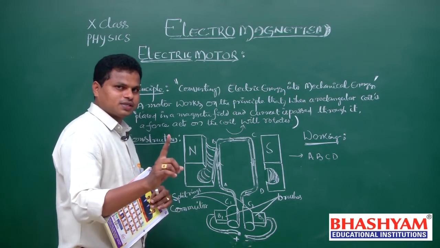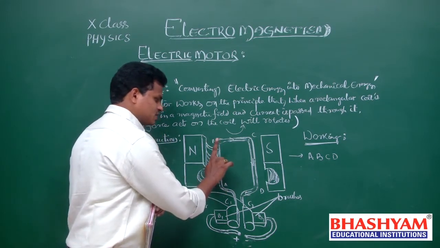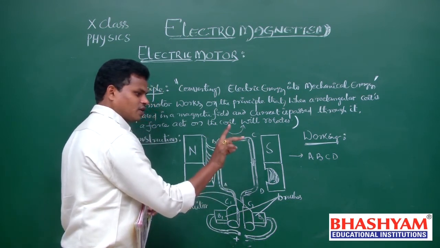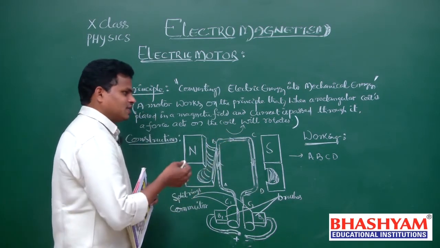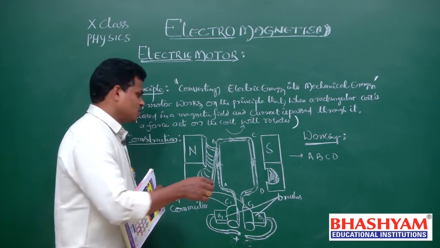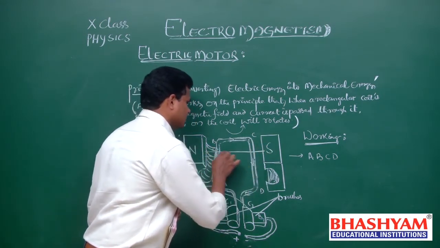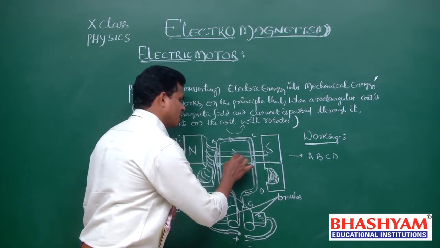You know that the forefinger points towards the current, and the middle finger points towards the magnetic field. The magnetic field lines always go from north to south, like that. This is the direction of the field lines, the magnetic field direction.